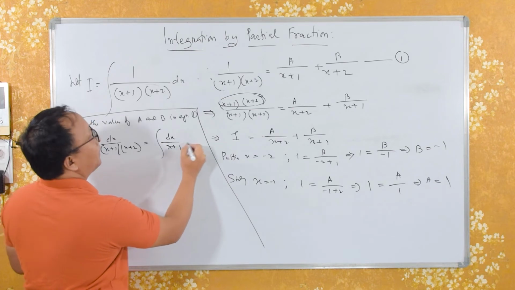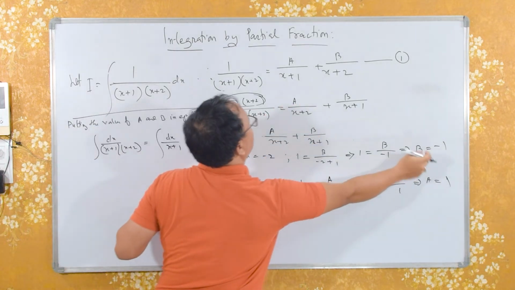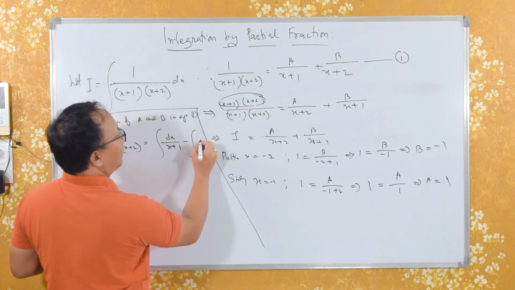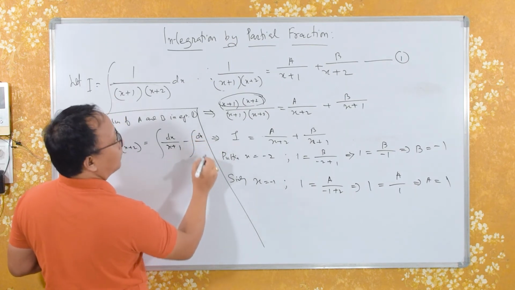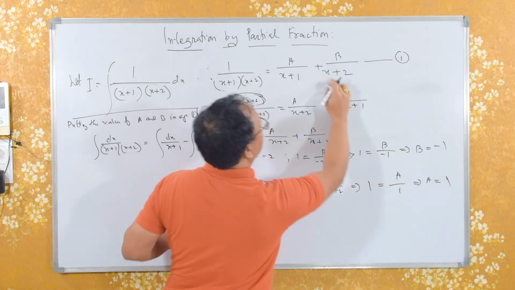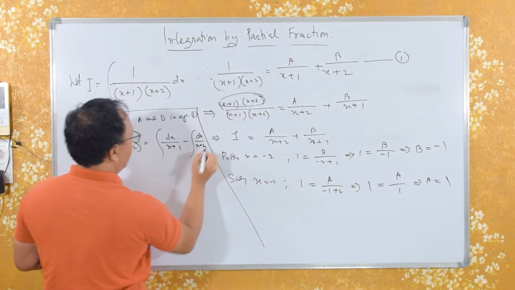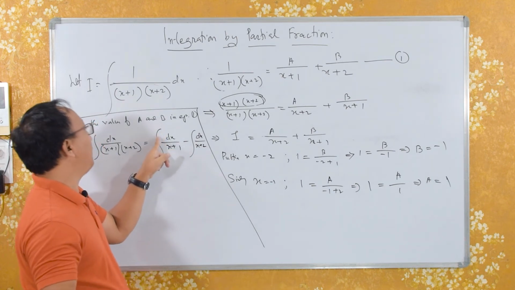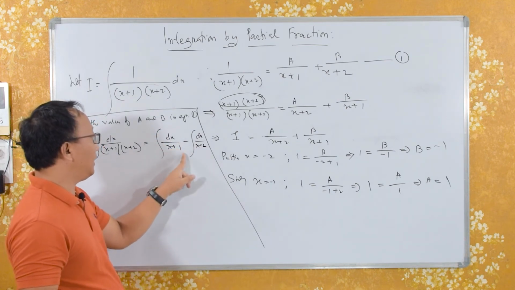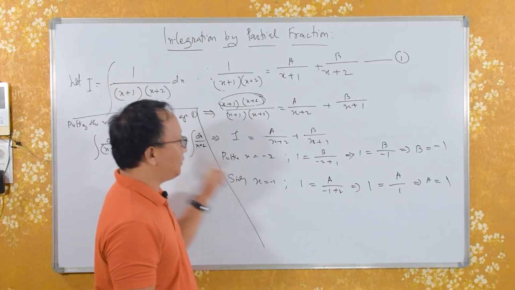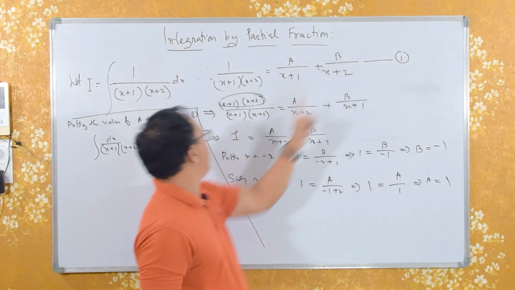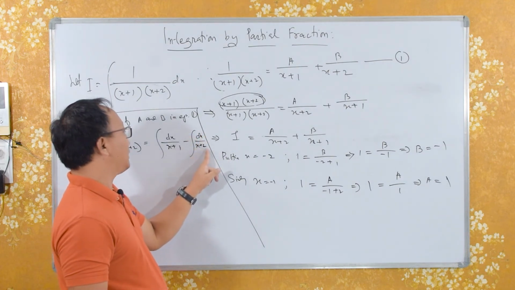B is minus 1, so plus or minus will be minus integral of dx upon x plus 2. You can consider 1 is there, a means 1, I don't have to write anything. Therefore, I am neglecting it and writing dx upon x plus 1. Similarly, minus, why minus? Because b is minus over here. So I am substituting this value over here, so minus of 1 upon x plus 2.